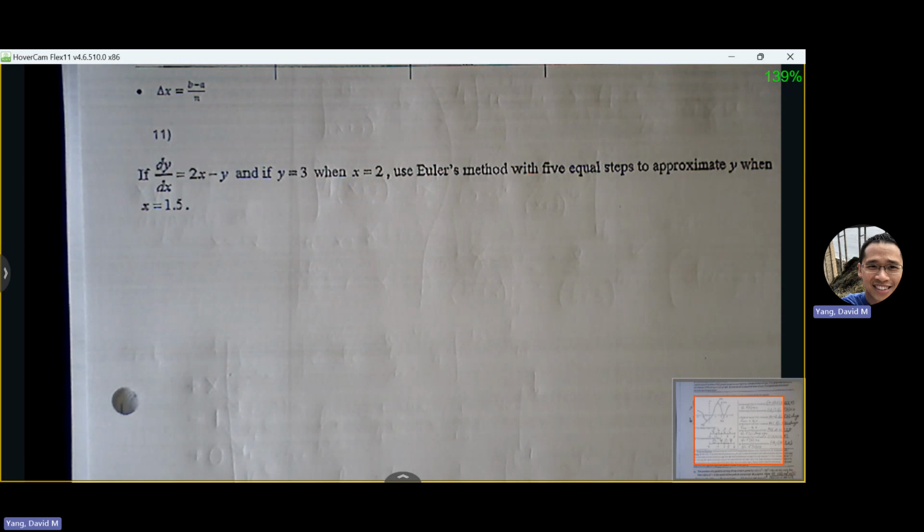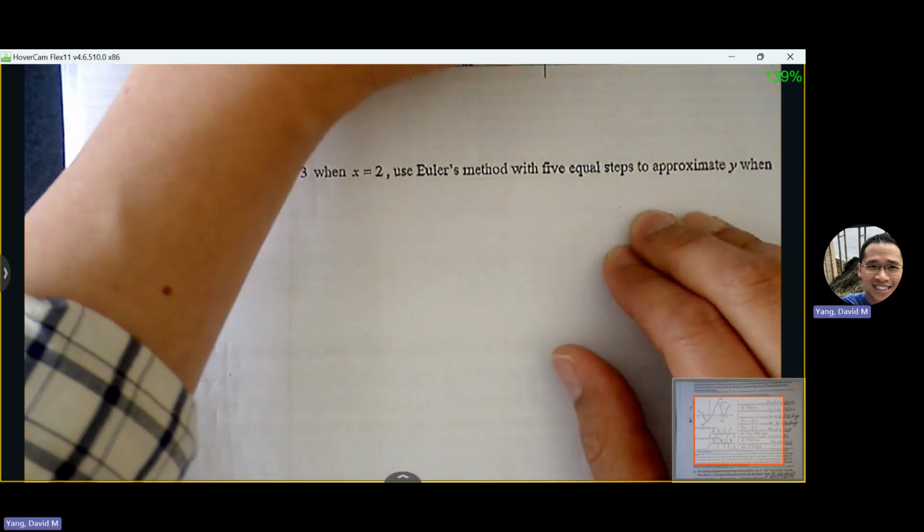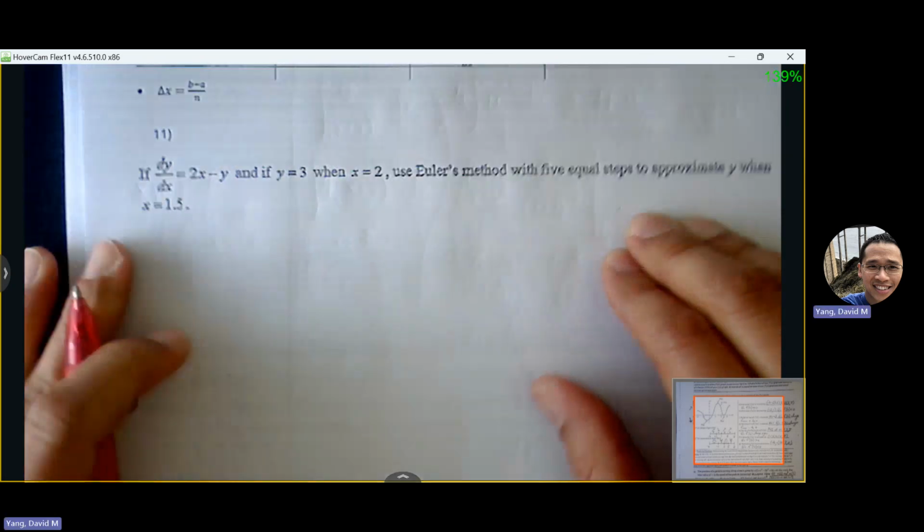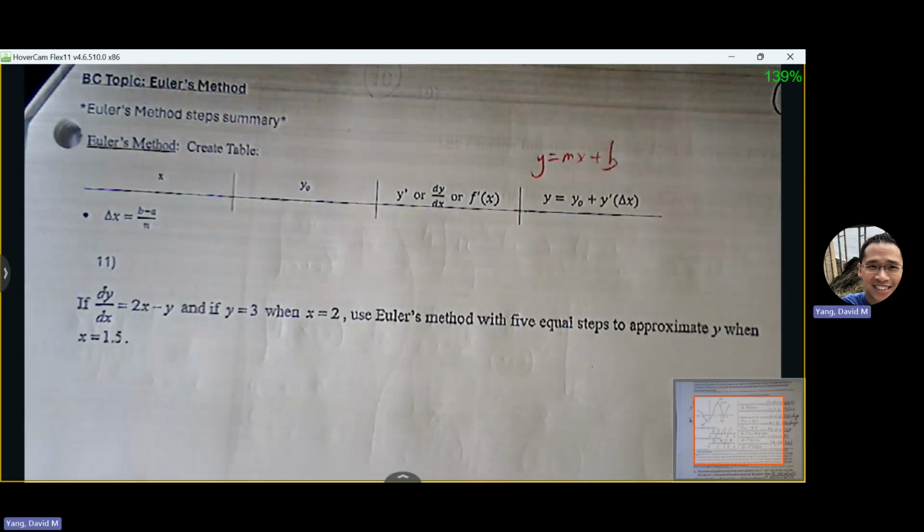Your table starts with x, y sub 0, and y prime, or dy dx, or f prime. Then you're going through your linear approximation step: y minus y sub 0 equals m times x minus x sub 1. But it's going to be y equals y sub 0 plus m times delta x. That's basically point slope form.